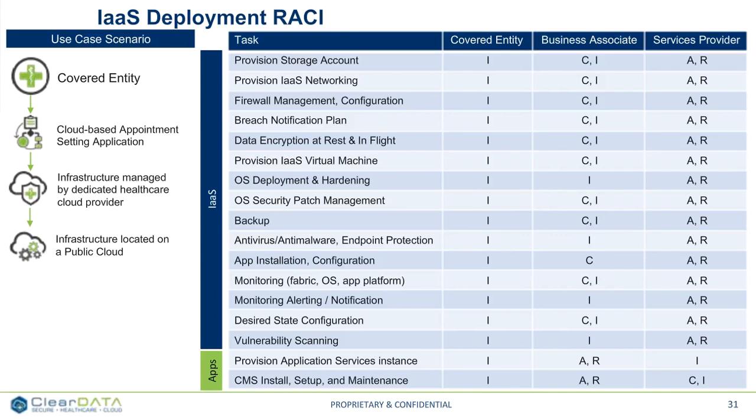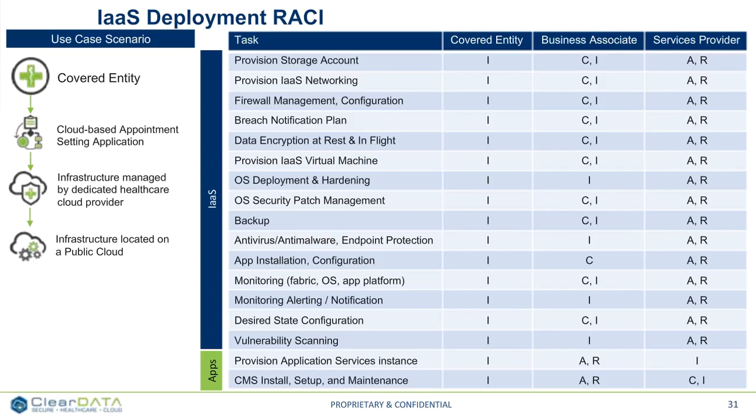The use case scenario for this RACI would be that a covered entity has decided to deploy a cloud-based appointment setting application within its medical groups. Maybe they have a business associate that helps them with that, who either developed it or who is responsible for managing it. They have their infrastructure that is managed by a dedicated healthcare cloud provider, and the infrastructure might be located on a public cloud.